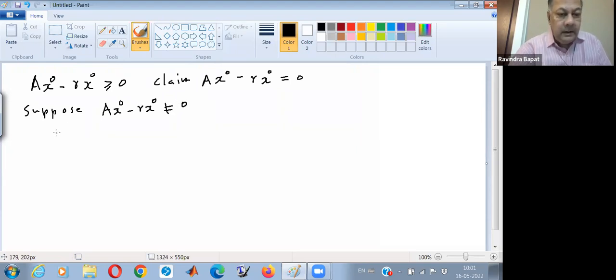Now by the earlier result, I plus A raised to n minus 1, multiplied by Ax naught minus Rx naught, is strictly positive. That we showed in one of the earlier results. And there was a definition of y, so now I'll call it y naught. When you open this up, I plus A raised to n minus 1 multiplied by x naught, I'll call it y naught.